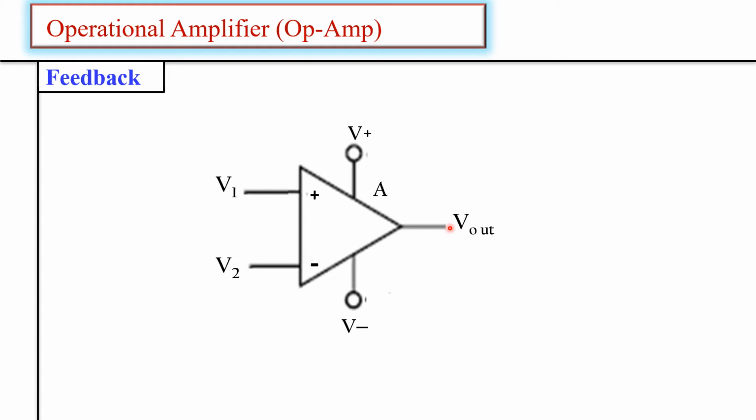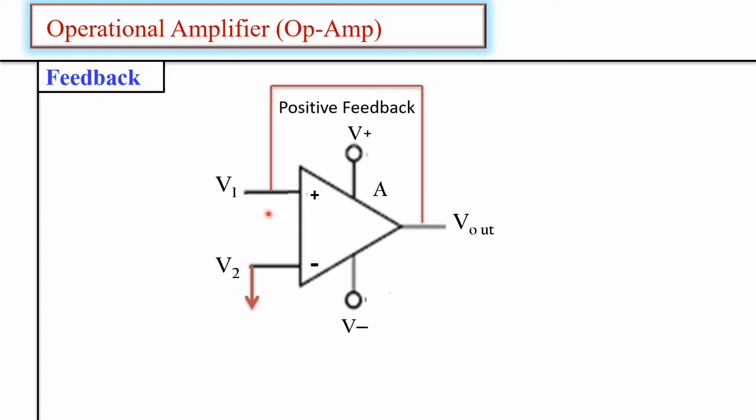One is providing the feedback from output to the positive input terminal, or let's say the non-inverting terminal, and grounding the inverting terminal. This type of feedback is called positive feedback, when we apply the feedback from output to the non-inverting terminal of the op-amp.